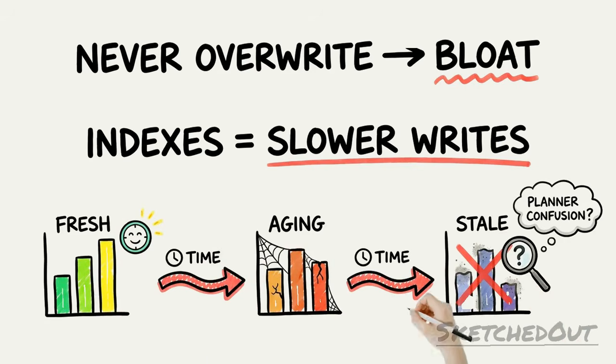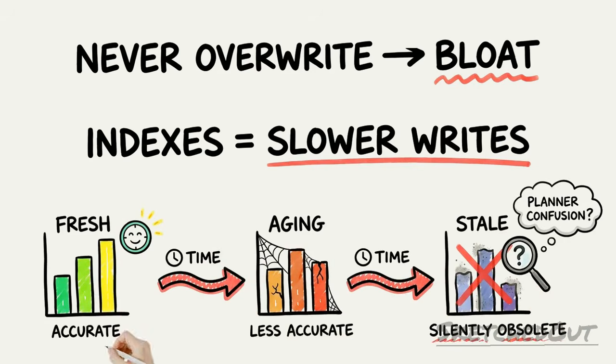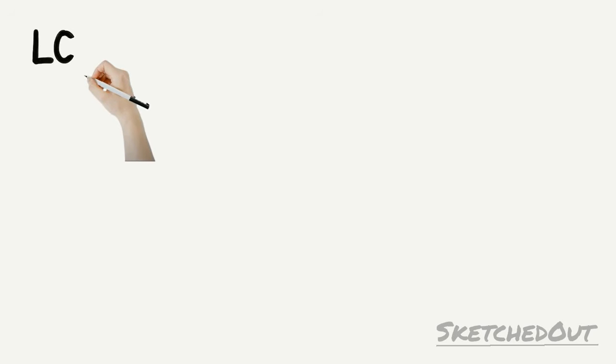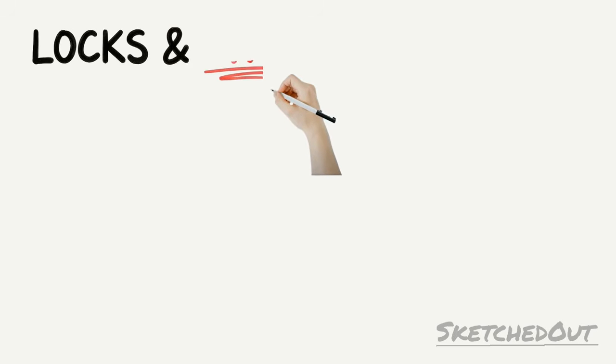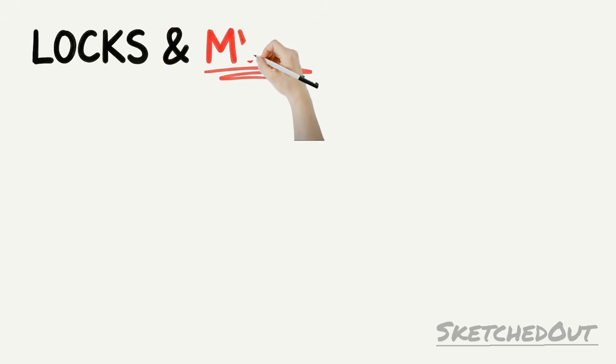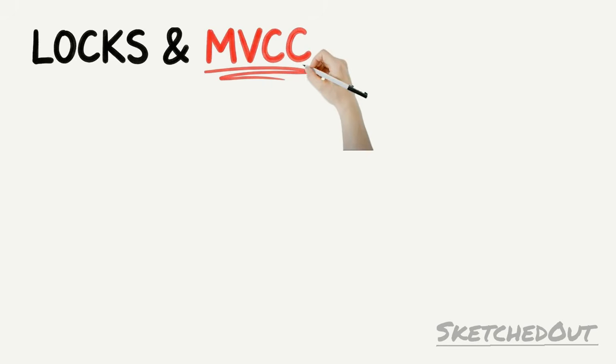EXPLAIN ANALYZE shows you the plan against reality, and rows planned versus actual is the number that matters most. MVCC gives you consistent reads, locks give you correct decisions when contention appears, and the machinery underneath, buffer cache, WAL, one process per connection, is what determines how far a single Postgres can carry a workload.